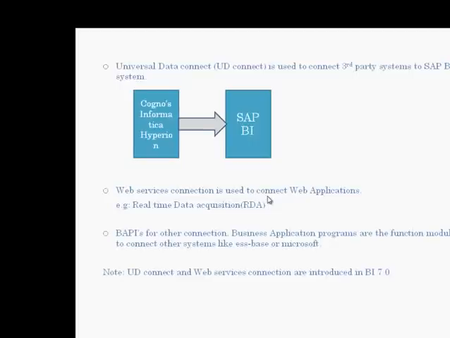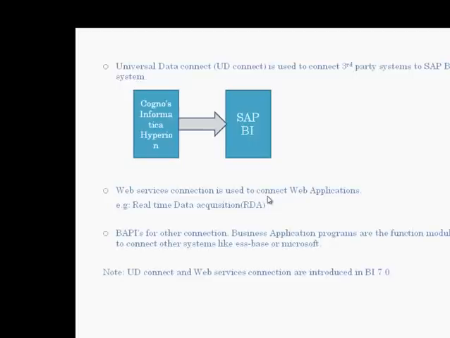So these are the connections available in ECC. Generally we use the SAP to SAP homogeneous connection, and for other connections we most probably use Oracle and UD Connect. UD Connect and web services connections were introduced in BI 7.0.